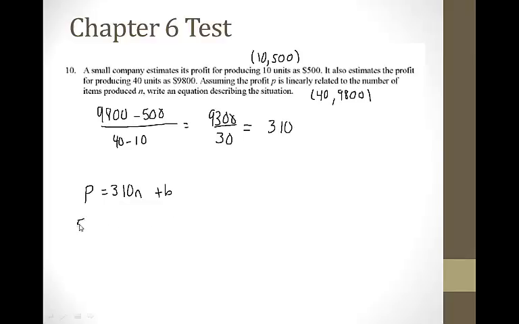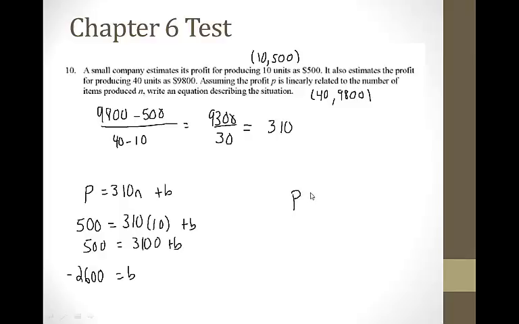So now I'll plug in the values I have from one of the points. And if I subtract from both sides, I get that the y-intercept is negative 2,600. So here is my final equation. Or I can just write it like this.